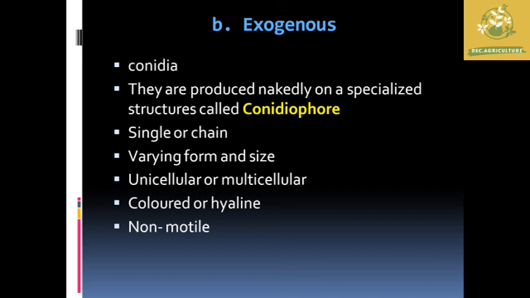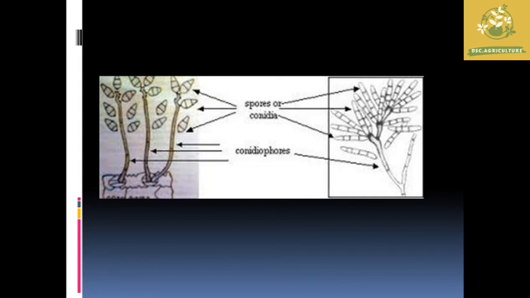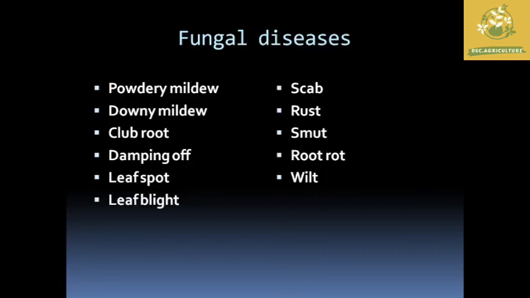They can be unicellular or multicellular, colored or hyaline, but they are non-motile in nature. These are the pictures of conidia. You can see the conidiophore as well as the spores of conidia, which are formed on the conidiophores as well as spreading.